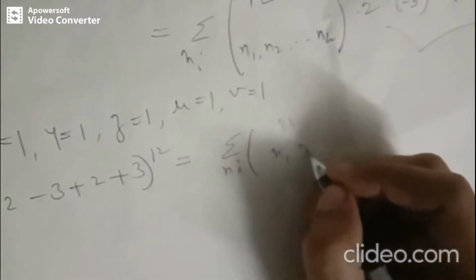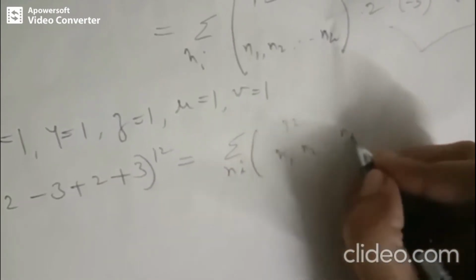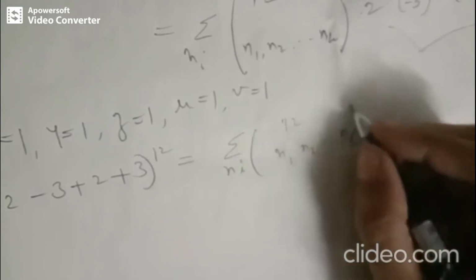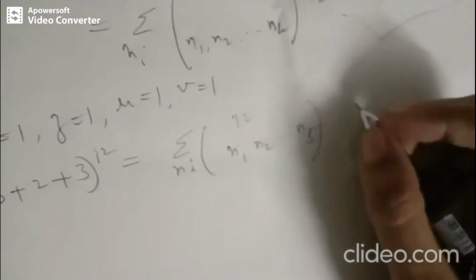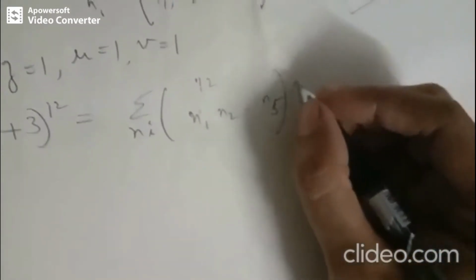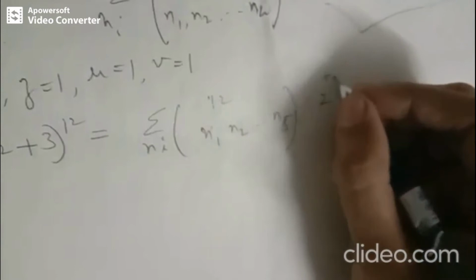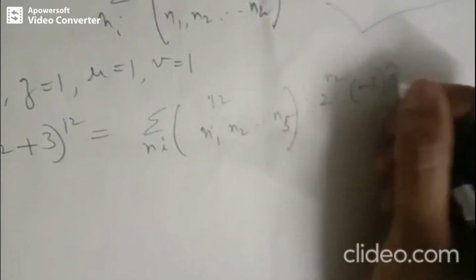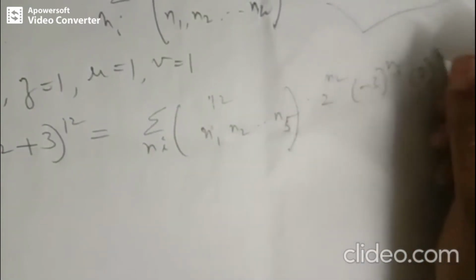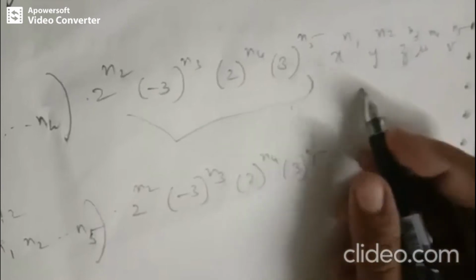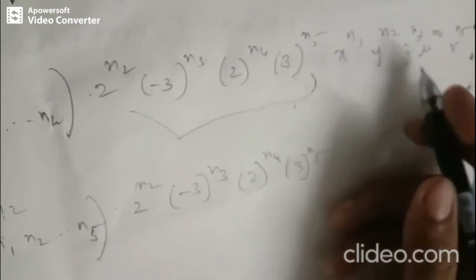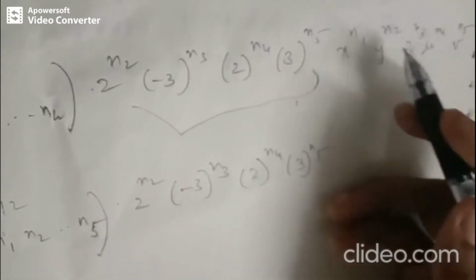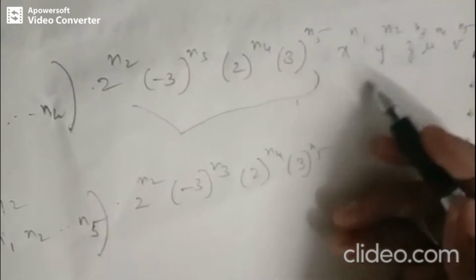12, n1, n2, up till, instead of nk, how many terms do we have? We can write n5 directly, and we can write them as 2 raised to n2, minus 3 raised to n3, 2 raised to n4 and 3 raised to n5. This much only, and since we have substituted all these x, y, z and the rest as 1, we can exclude it, as 1 raised to any power will be 1 itself.